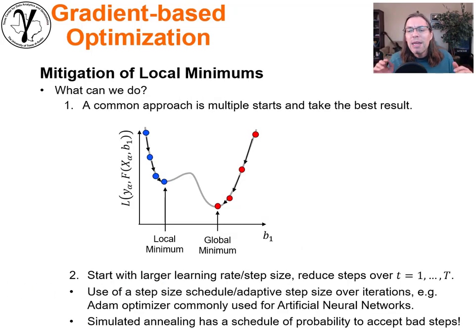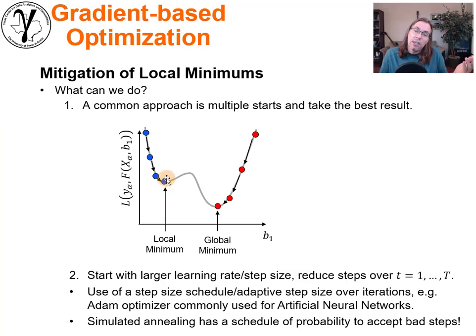How are we going to mitigate this problem of being stuck in a local minimum? One of the ways we do this, which is quite practical, is we seed multiple random starts to the parameters. In fact, if we were to start here, our gradient descent would likely get trapped in this local minimum right here.